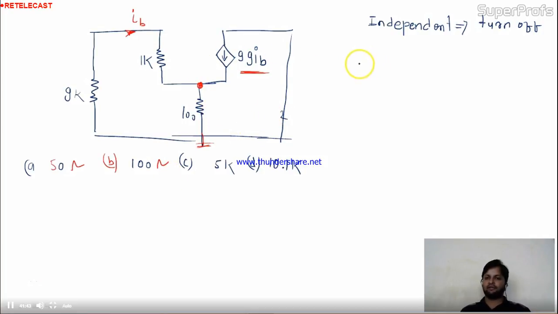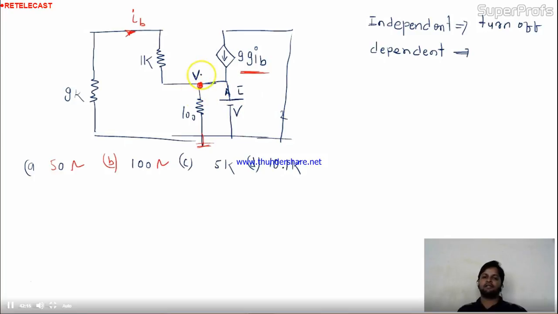So in this circuit, you can see the dependent source is given, right? So you know, when the dependent source is given, how to calculate RTH? Across this point, I will apply a battery V and assume the current from the battery is I. So the voltage across this point is nothing but V, because the battery is directly connected over here.